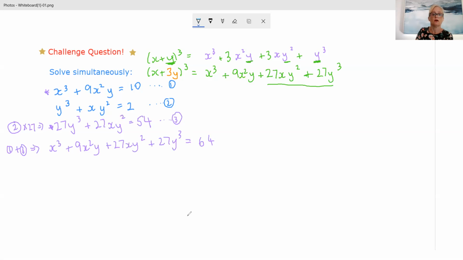Cool. All right. Now we know that this is x plus 3y all cubed. We know that because we've expanded it out there and we've checked. So if x plus 3y all cubed is 64, then x plus 3y is the cube root of 64, which is 4.